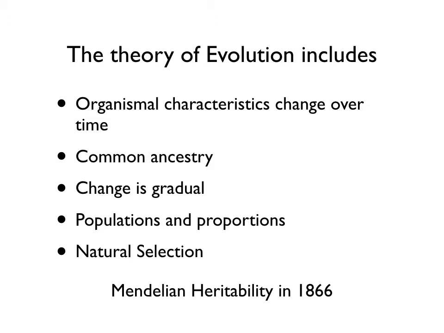And then natural selection, of course, is the idea that the forces of the environment in which an organism exists exert pressures that non-randomly determine or contribute to survival rates for the different genotypes that exist within a population.